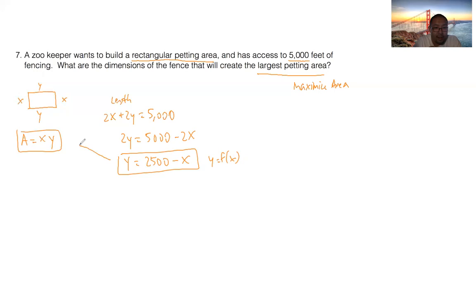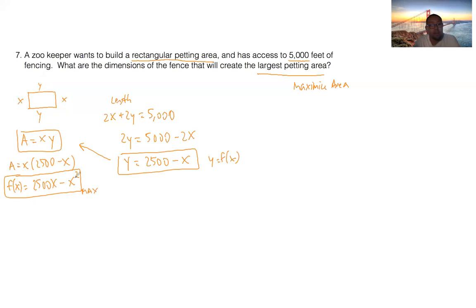Now that we have y as a function of x, we're going to plug that back into our area equation. So now we have area equal to x times 2,500 minus x. And now we have area in terms of a function of x is equal to 2,500x minus x squared. This is the function that we want to maximize, okay?